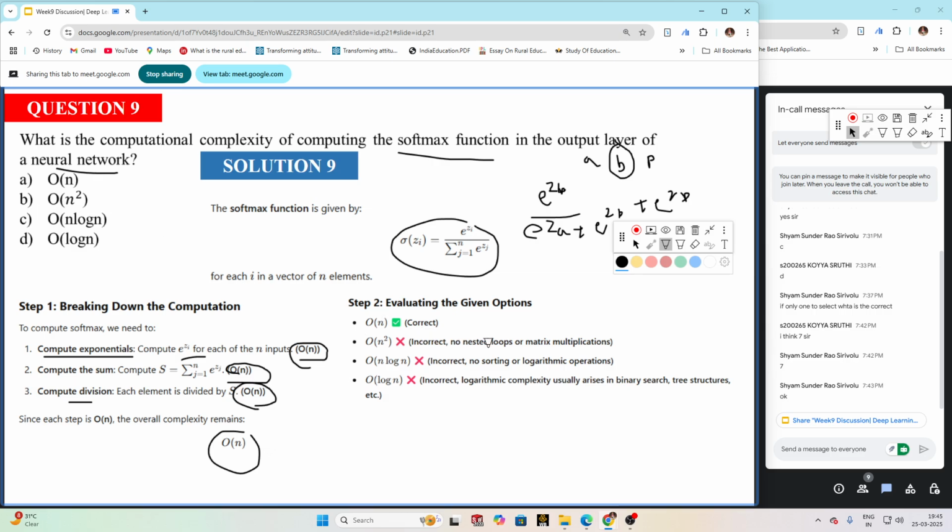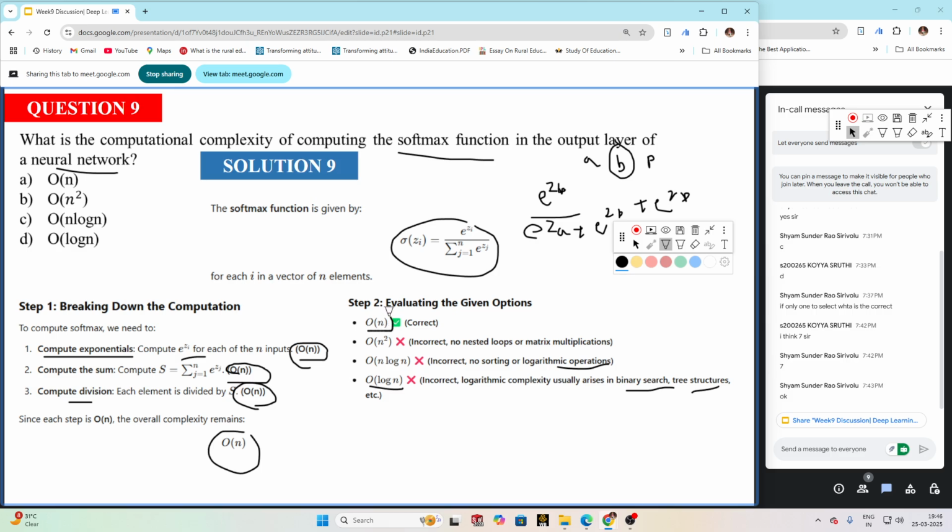O(n squared) is not correct, because no nested loop or matrix multiplication is taking place. O(n log n) is not correct because no sorting operation is taking place. And O(log n) is not correct because logarithmic complexity usually arises in binary searches or tree structures. Whenever we do the hierarchical softmax, there the complexity is O(log n).